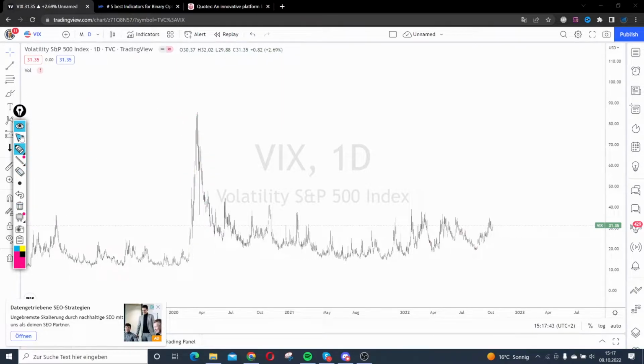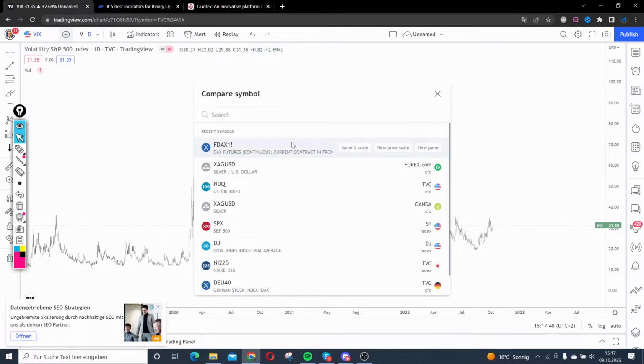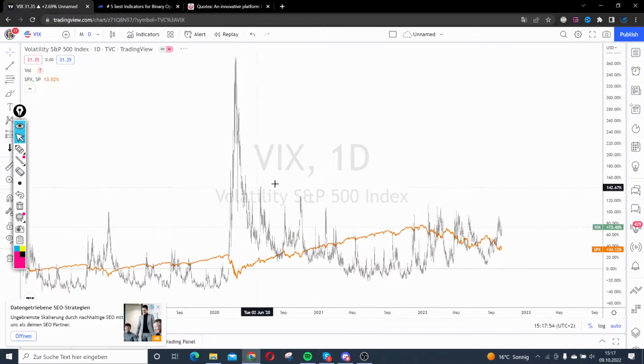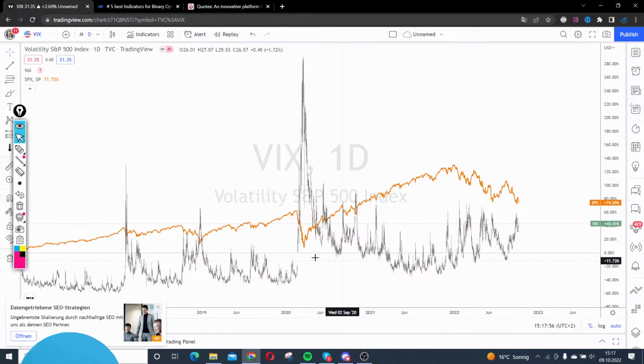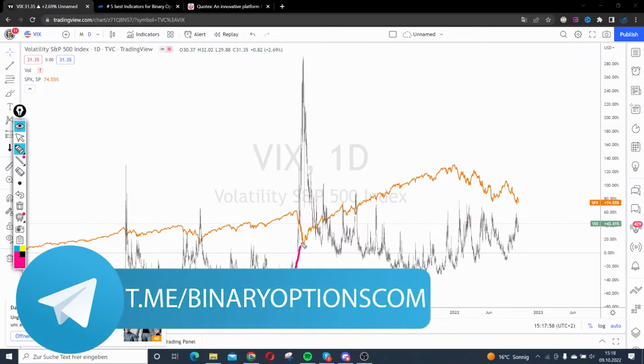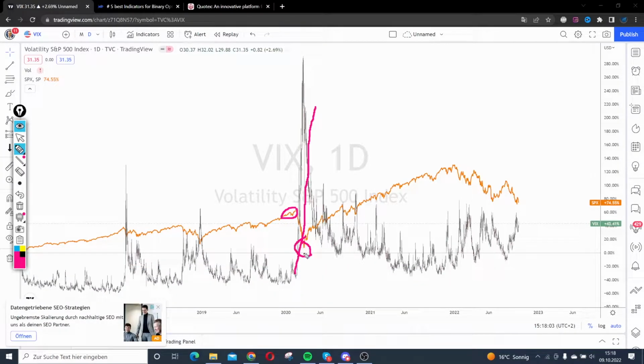We can do a comparison here, for example. Let me show this. Compare the symbol, and I will compare it with the S&P 500. So what's happening here? You clearly see this huge volatility and big drop in the S&P 500.